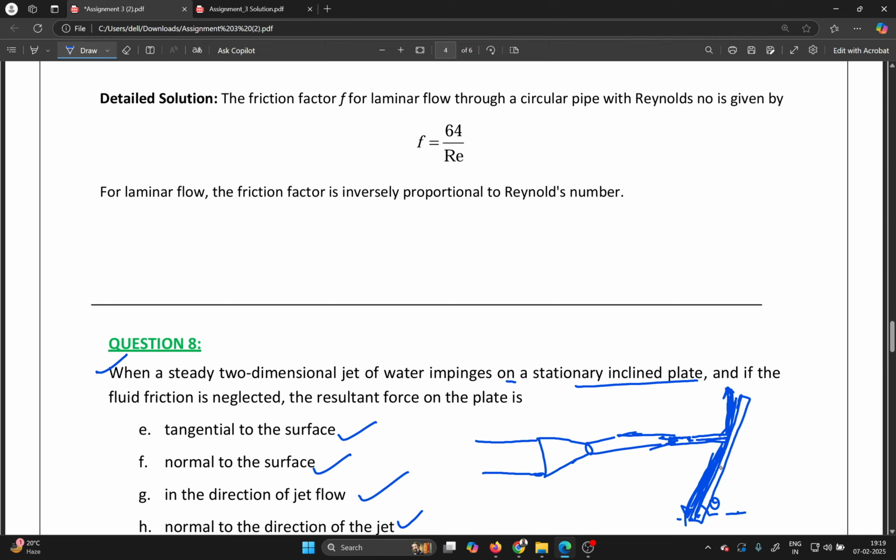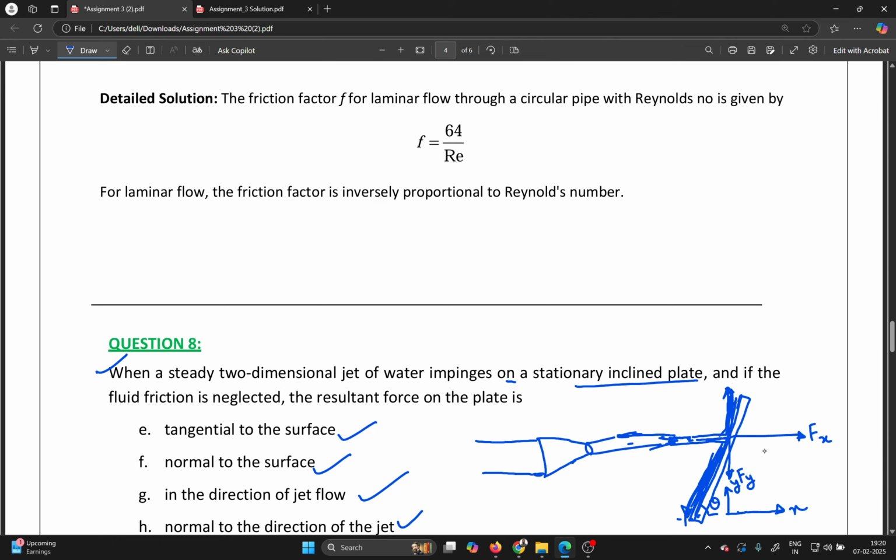Always remember, please, if this is the x direction and this is the y direction, we are talking about the x component and the y component. Because this is on an incline, the force due to this jet will act in the x direction, Fx, and also in the y direction, Fy.